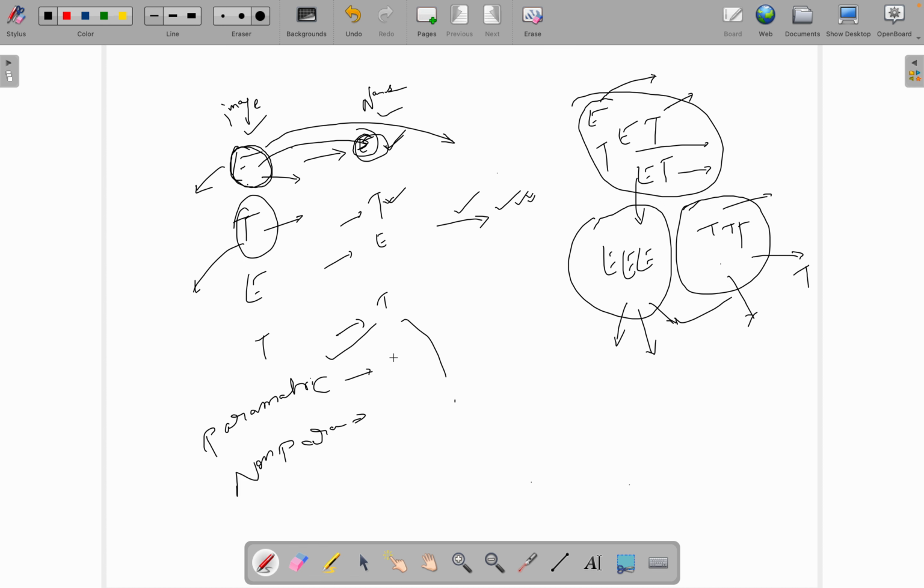Parametric models are where you have some parameters. So y equals mx plus c. This is the equation here, and by our learning we decide what is the value of m and what is the value of c. So these are called the parameters. Since it has an equation and it has parameters, it is called a parametric model.